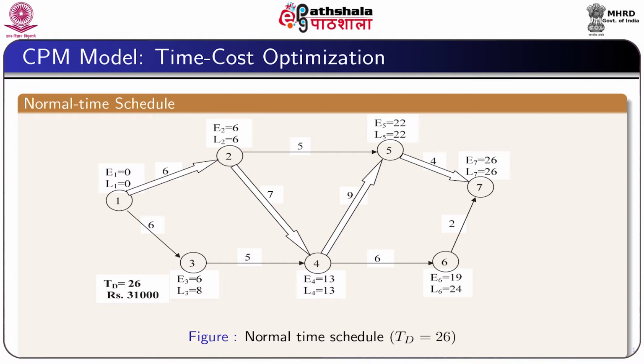Now, this figure shows the normal time schedule. If we consider the normal time, then from forward pass computation and backward pass computation, we can find the critical path, which is 1, 2, 4, 5 and 7, and the normal time schedule T D equal to 26, whereas the total cost is 31,000.